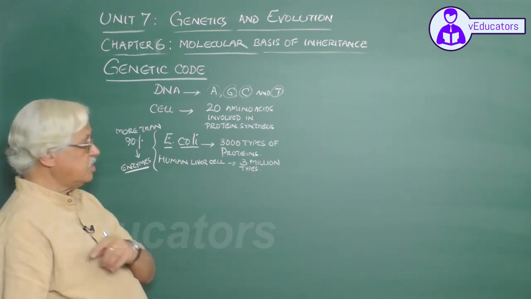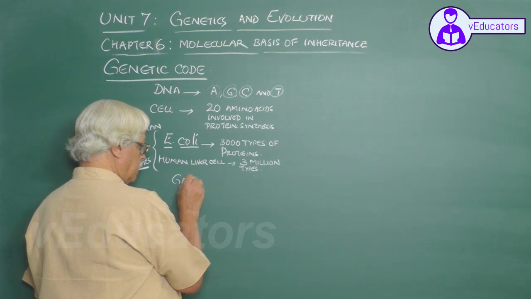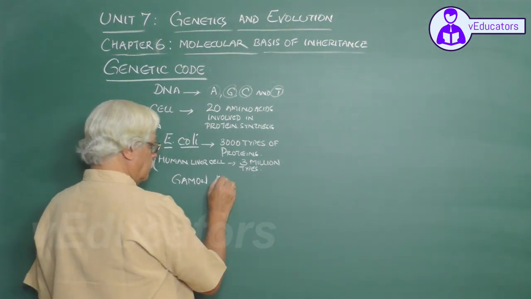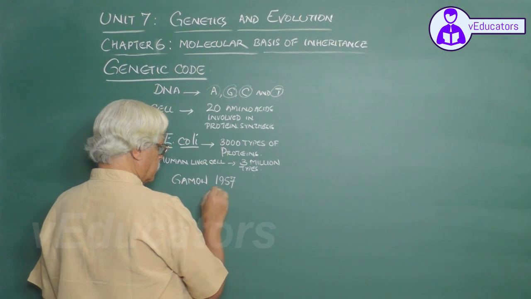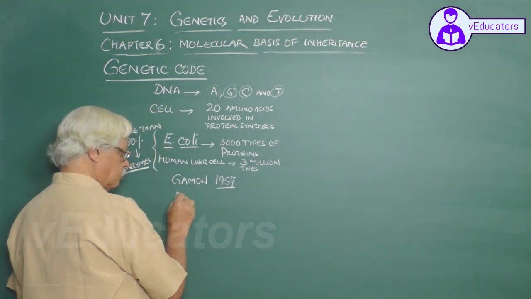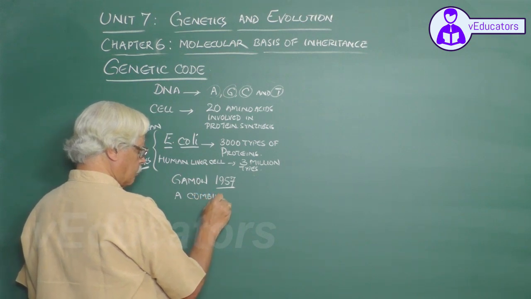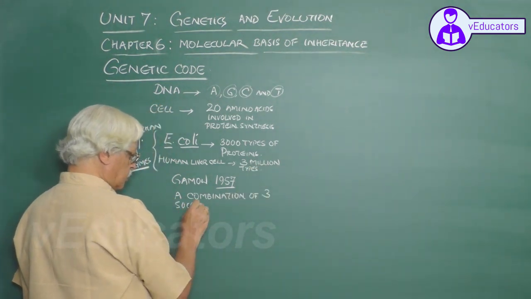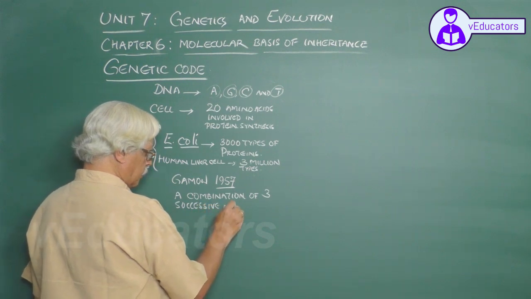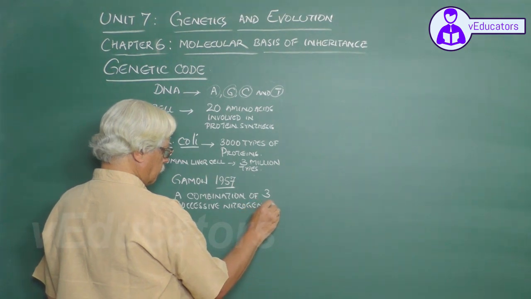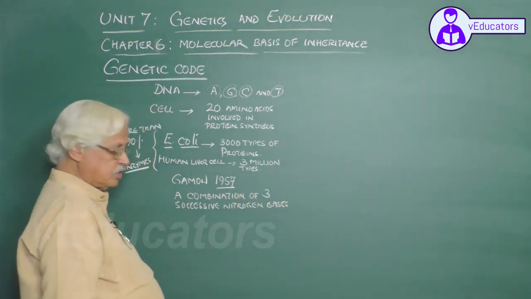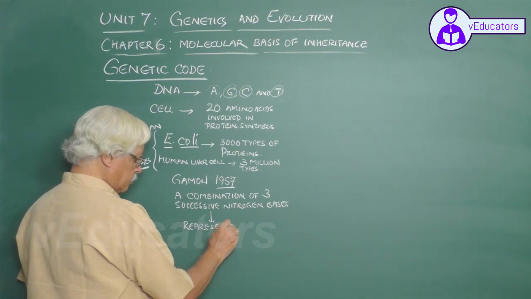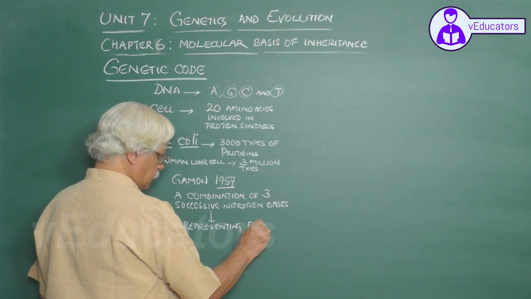So, thinking on these lines, a biologist by name Gamow in 1957 suggested the possibility of a combination of three successive nitrogen bases representing or coding for an amino acid.